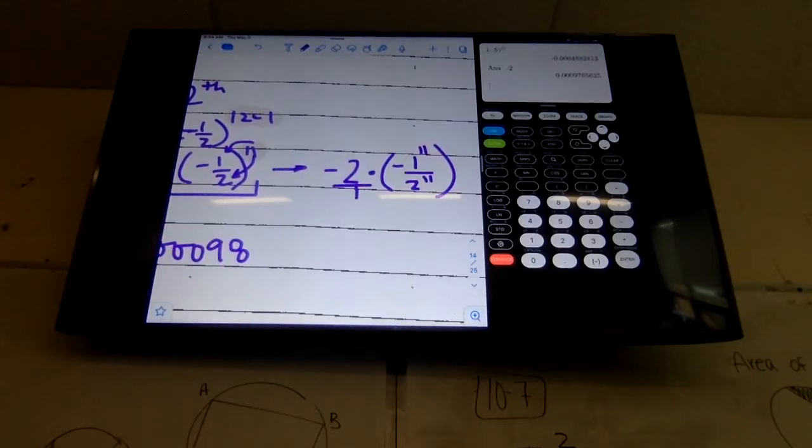How can I simplify? How can I cancel? There's a 2 on top, and then there's how many 2s on bottom? And now there's going to be 10. And what's -1 to the 11th? -1. Remember, I've got 2 negatives here, so they'll cancel out to be a positive. So I'll have 1 over 2 to the 10th.